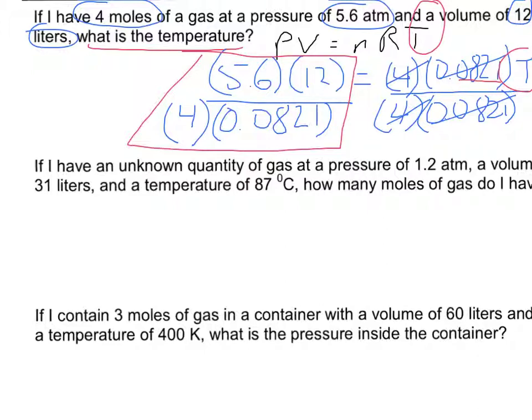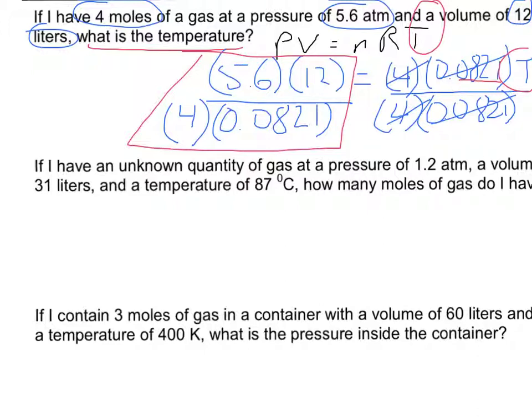What I'm saying is that at the regular level of chemistry, you don't have to do too much bookkeeping with your units for this equation. As long as you follow the guidelines on the previous slide, where the volume is in liters, the pressure is in atmospheres, your moles are there, and your temperature is in Kelvin, then the units will work out.